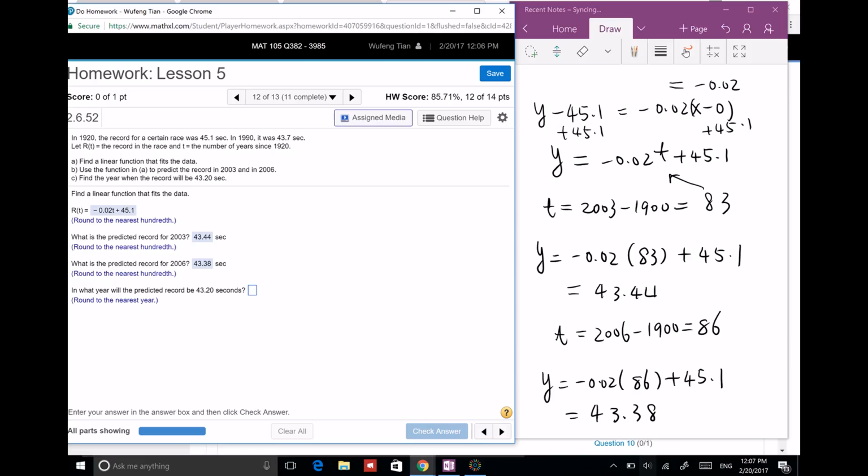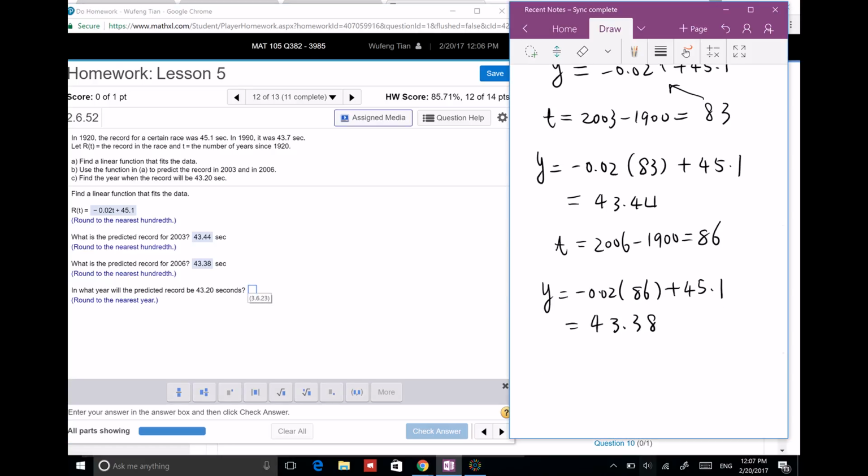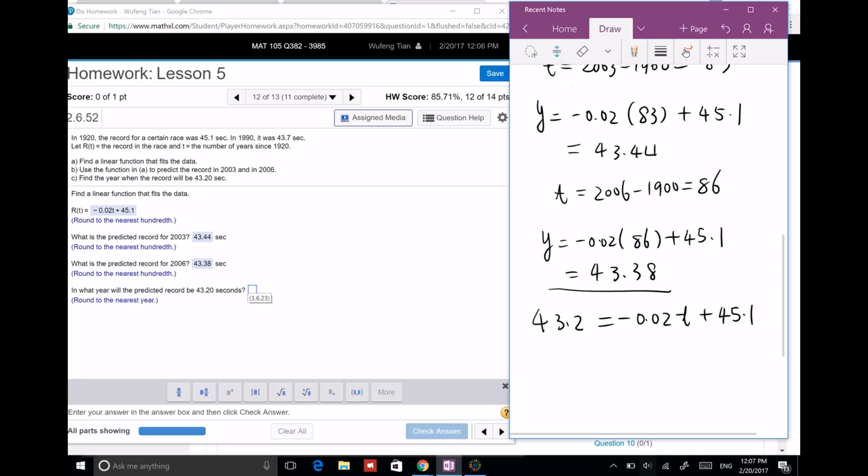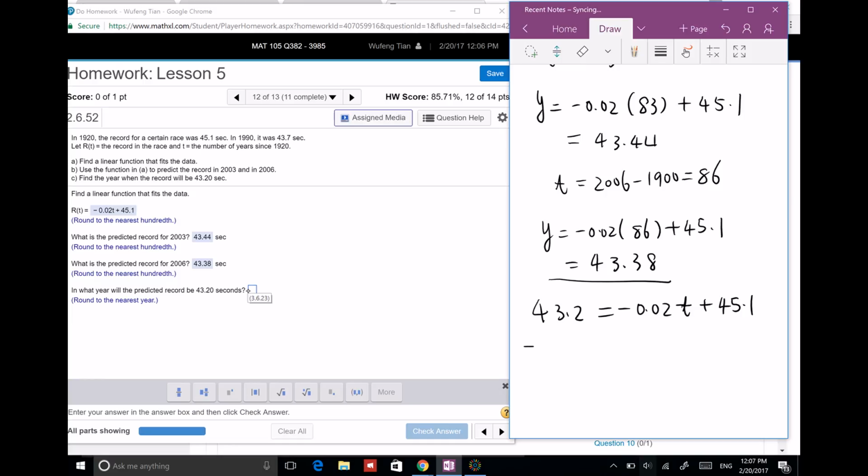Okay. And what year will it be 43.2? So basically, now it's given y, you find the t. So 43.2 equals negative 0.02 t plus 45.1. We solve for t here. We subtract 45.1 from both sides: 43.2 minus 45.1 equals negative 1.9 equals negative 0.02 t.